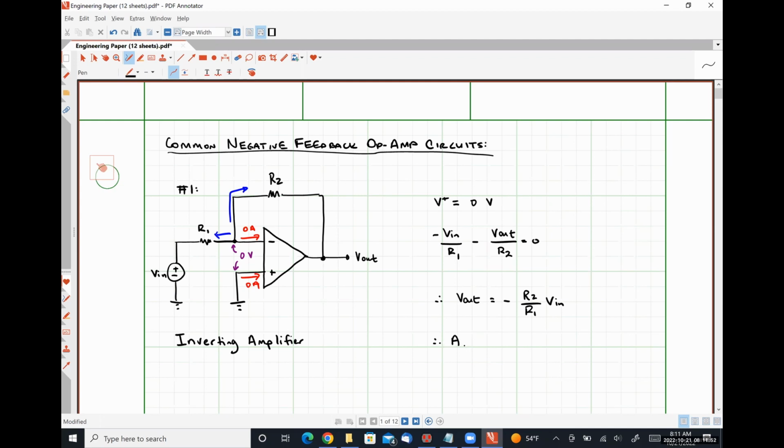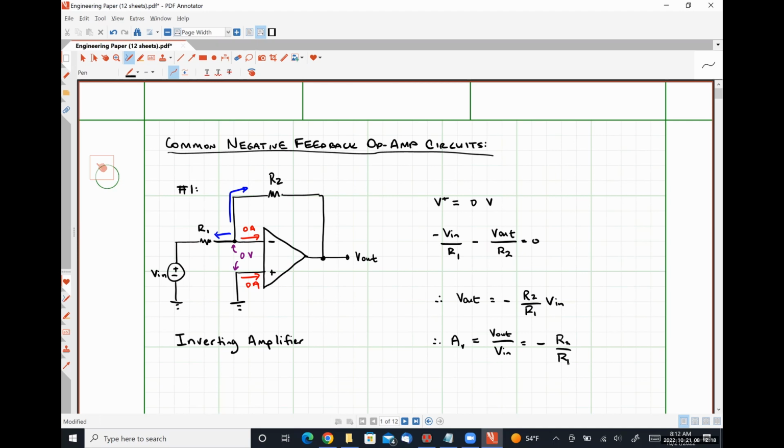A is the symbol typically associated with gain. Subscript V denotes that we're dealing with a voltage gain. And this is mathematically defined as simply the ratio of the output voltage to the input voltage. And so for this particular circuit, that is nothing more than the quantity negative R2 over R1.